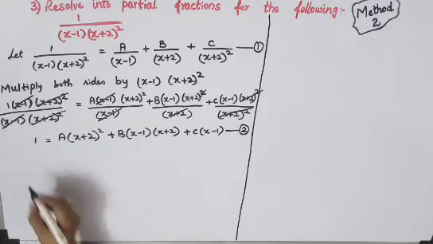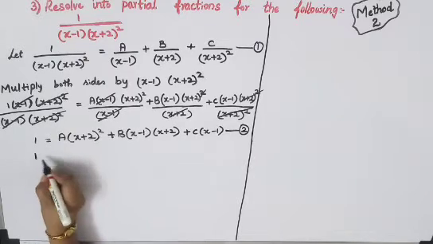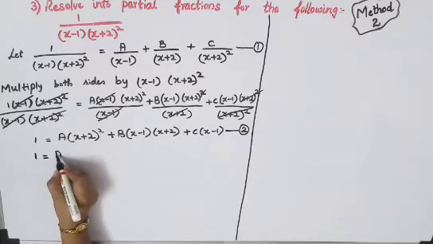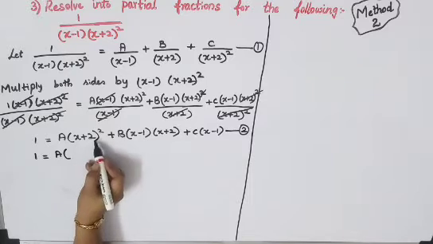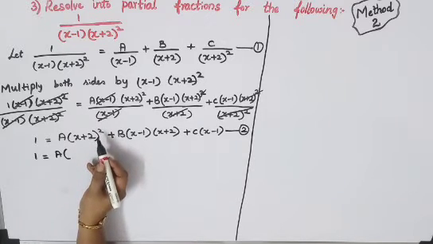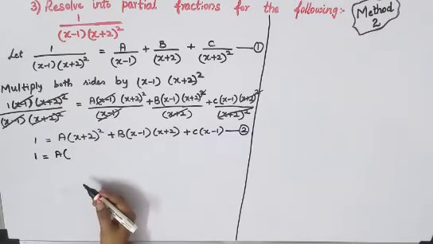Now I'll just multiply it out, otherwise expand it. So 1 is equal to a into (x plus 2) the whole square. You all know the expansion, a square plus 2ab plus b square.